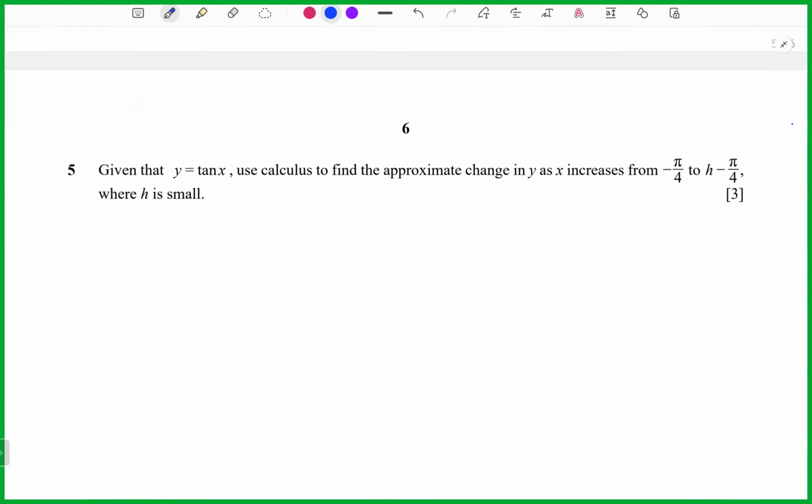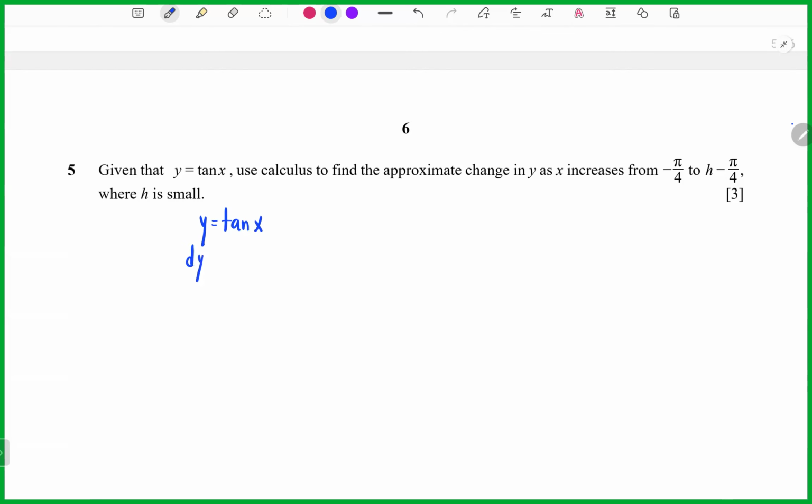So let's see question 5. Given that y equals tan x, use calculus to find the approximate change in y as x increases from negative 1 over 4 pi to h minus 1 over 4 pi, where h is small. So we take y equals tan x and find the first derivative.